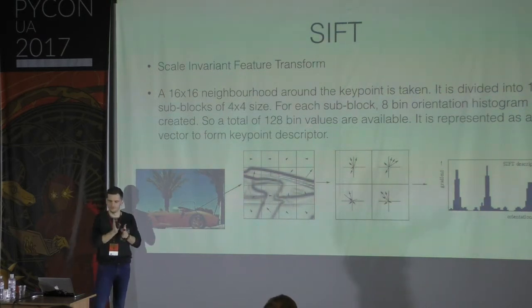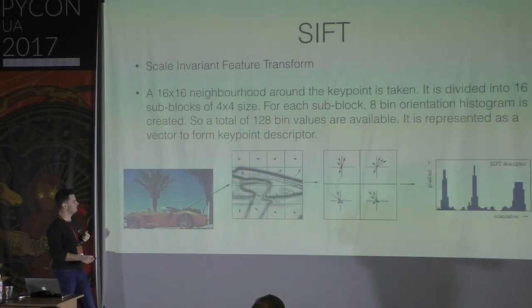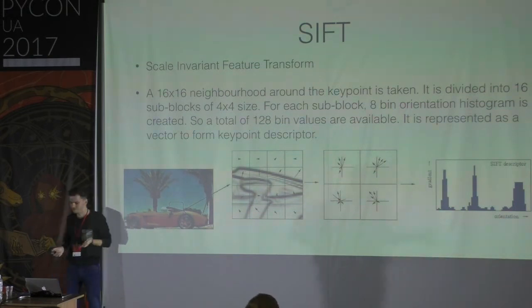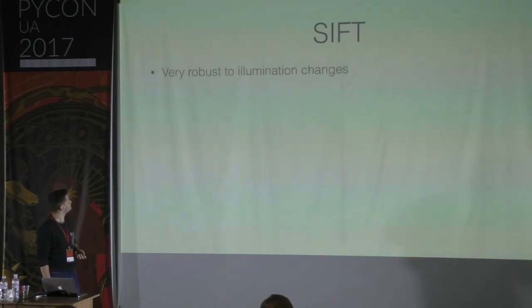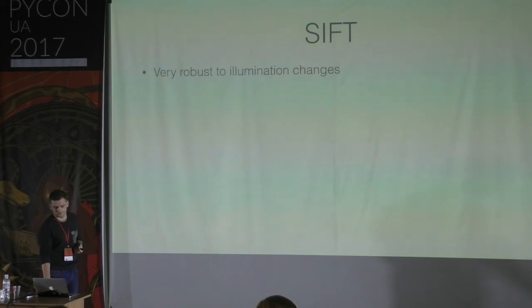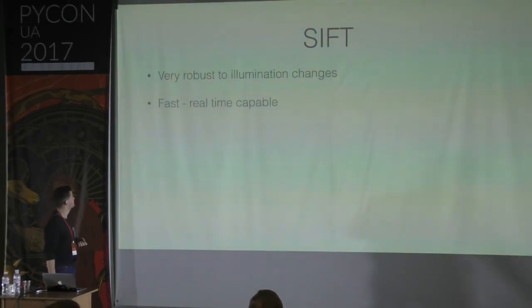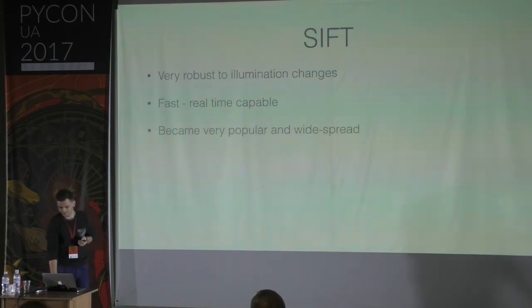Just try to figure out which angle is the most frequent, for example. And then we stitch it together in a single vector, and that's it. This way we can compare patches around key points. And this descriptor turned out to be very good. It's very robust to illumination changes, it's fast, and you can find it everywhere in computer vision. It's state of the art.